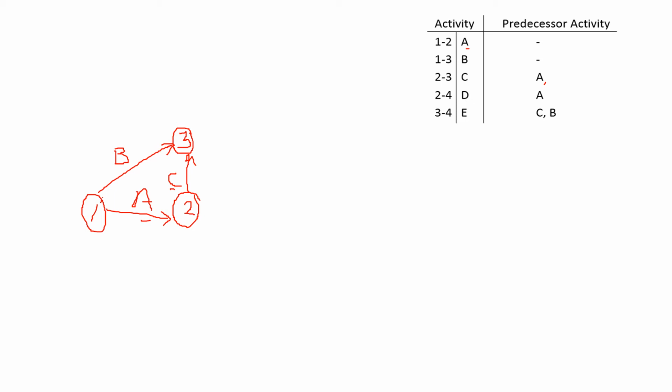Then 2 to 4 is D, so you get another node 4, and the activity is D. There the predecessor is A. Then 3 to 4, the value is E, and the predecessors are C and B. So C and B join at the third node and from 3 it goes to 4.